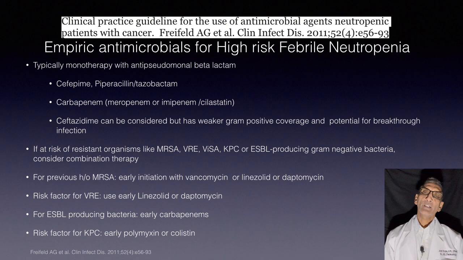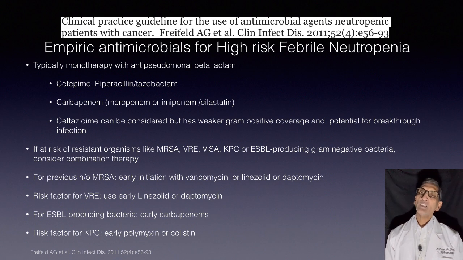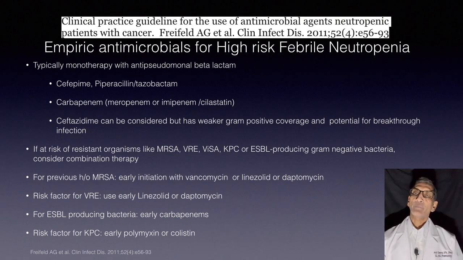Now, if you're considering a little stronger antibiotic, you can choose carbapenems, for example, meropenem or imipenem with cilastatin. Now, if you're considering ceftazidime, which also has anti-pseudomonal coverage, just be aware that ceftazidime has weaker gram-positive coverage, and there is a potential for breakthrough infection.